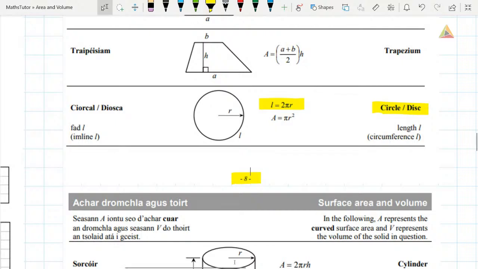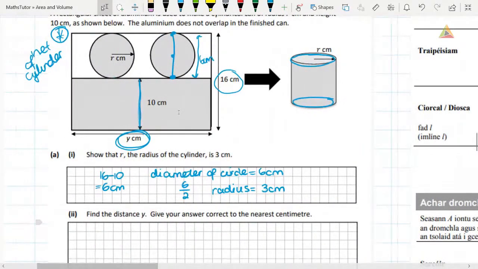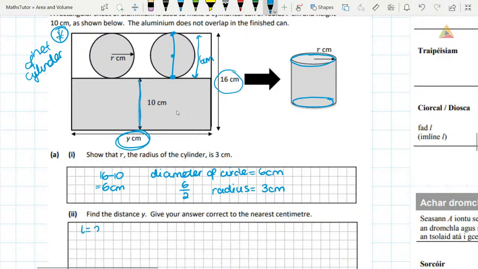So I'm going to use that formula, 2 pi r. All I need for it is my radius. So 2 and pi are numbers. So my length is equal to 2 pi r. So 2 multiplied by pi multiplied by my radius, which was 3, and that gives me 6 pi.